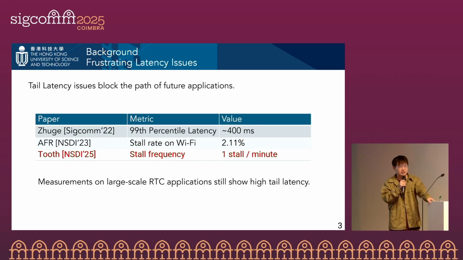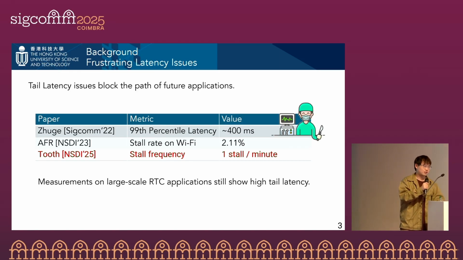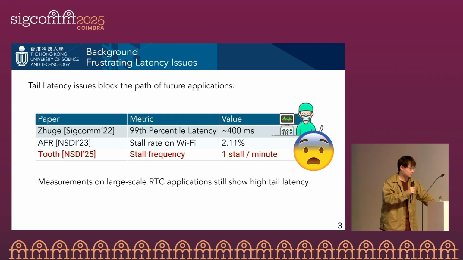It means that every minute you will sense a noticeable 100 millisecond video freeze. Imagine you are using this kind of RTC system for a future application such as remote surgery. This can not only be a frustrating user experience, but also very risky and dangerous.